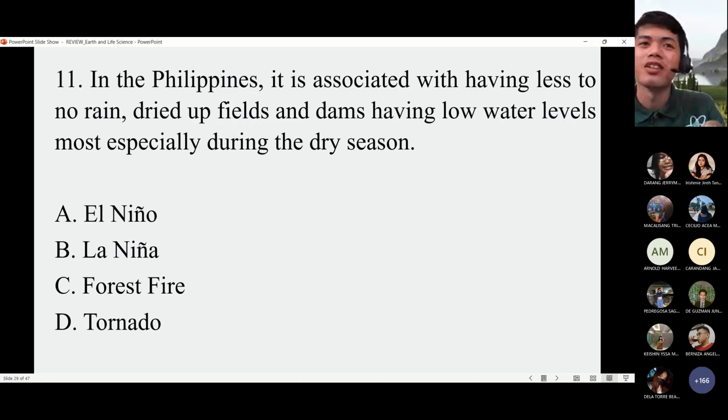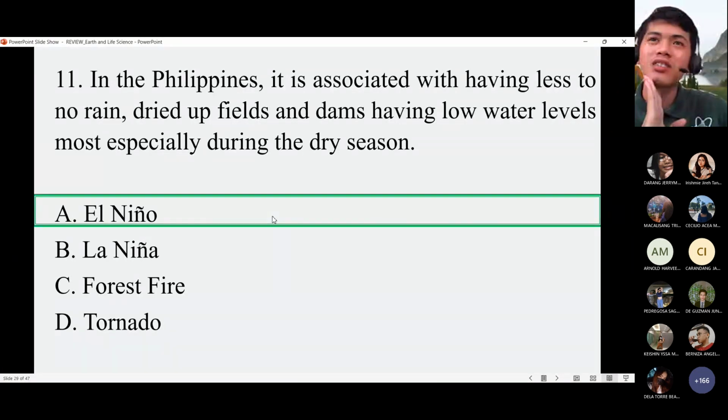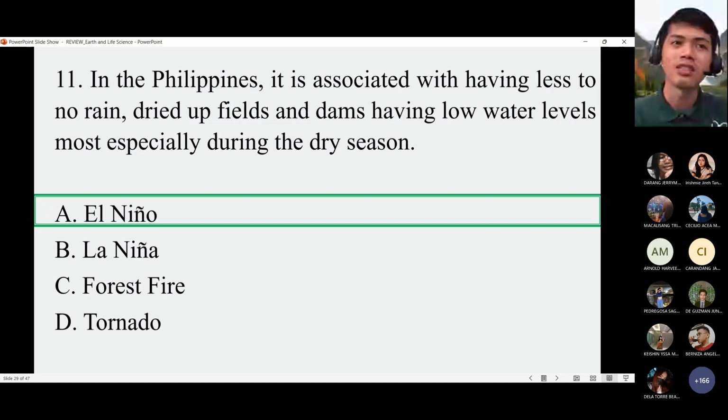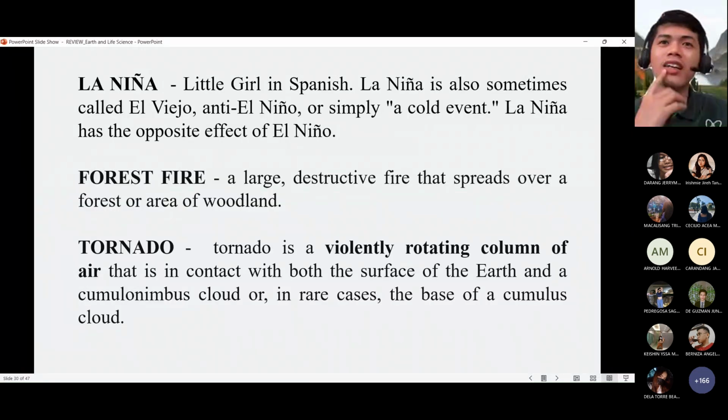Letter A po ito. So we know that El Nino has something to do with drying up fields or dams, low water levels, or dry season, El Nino. The counterpart is La Nina or the cold season. Okay. Now, forest fire, okay, alam na natin yan. It's all about destructive fire. Okay, it can spread all over the area.